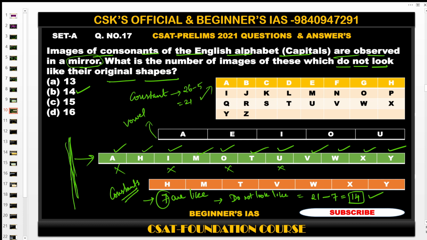In books, you people read about the vertical mirror only, not the horizontal mirror. Horizontal mirror also you need to consider. When you consider the horizontal mirror, the answer would be 15. I hope you are understanding now. Clear, right?